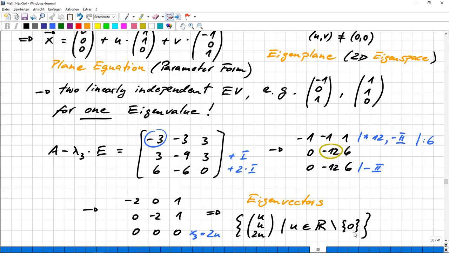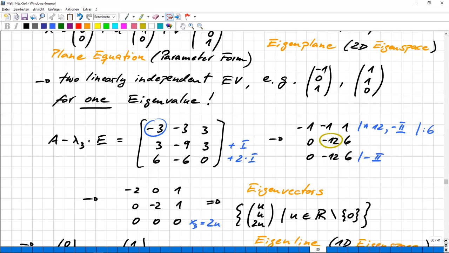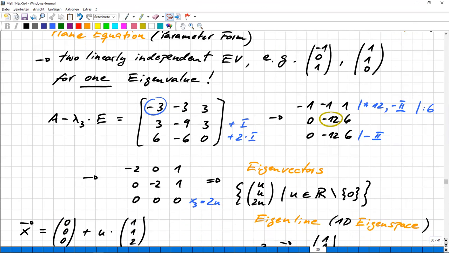So in the end, I get all vectors of the sort (u, u, 2u) with u an element of R excluding the 0. So again, it makes sense to write down an example of this kind of eigenvector, which would in this case be just a simple choice of u. I would recommend to set u equal to 1, and then you have (1, 1, 2). So this is a representative of all these eigenvectors, okay?